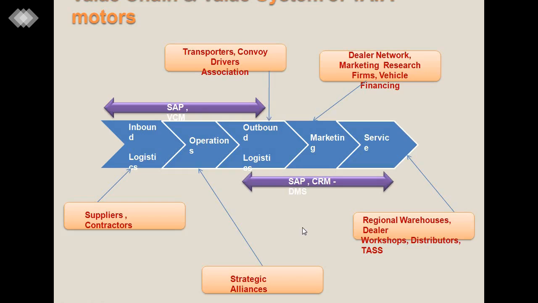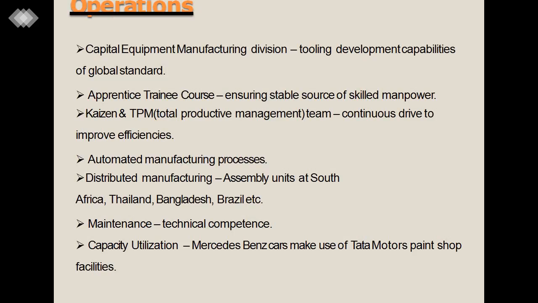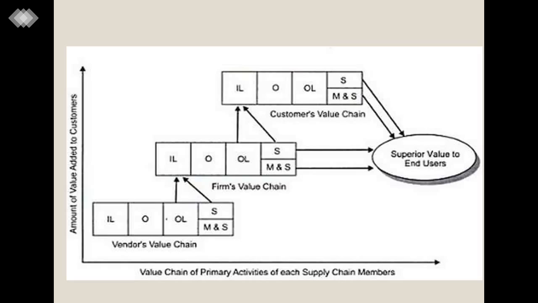With this you can understand how Tata Motors works on its value chain and value chain systems. After that, we learned the primary activities: inbound logistics, operations, outbound logistics, marketing and sales, services. Then we learned with the help of this diagram how the value chain is effective for Tata Motors.